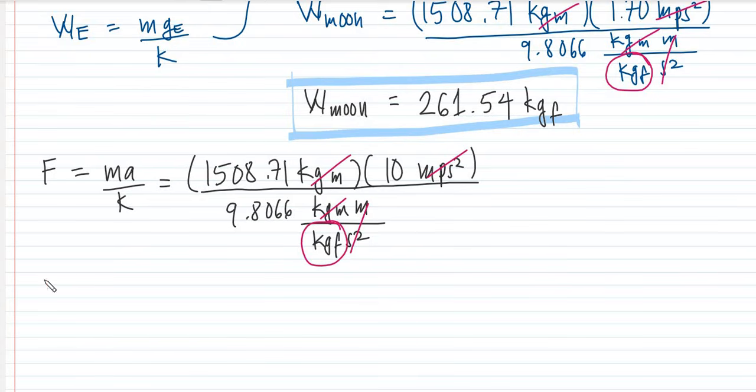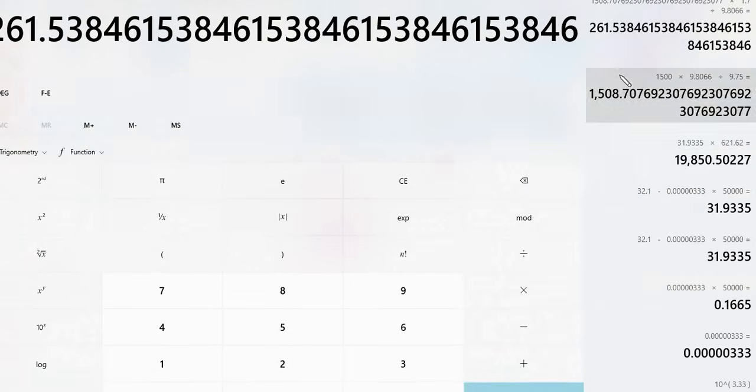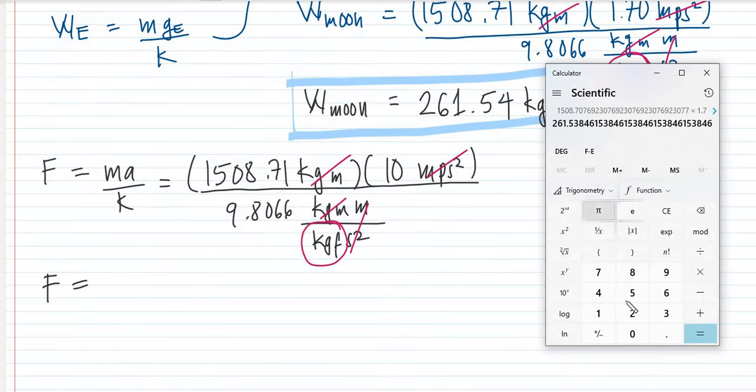So F will now be equal to 1,508.71 times 10, then divided by 9.8066.